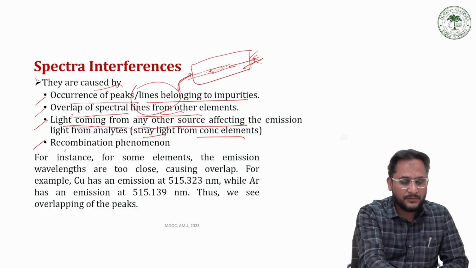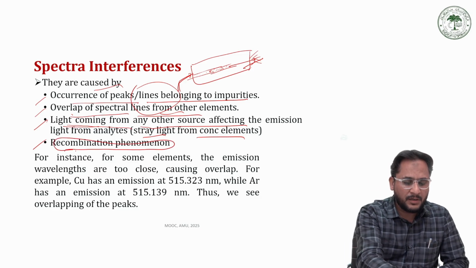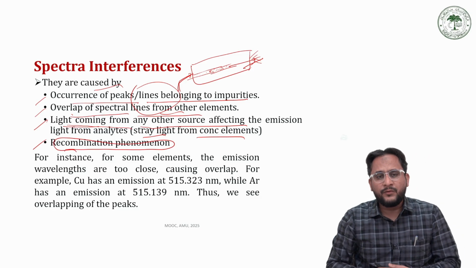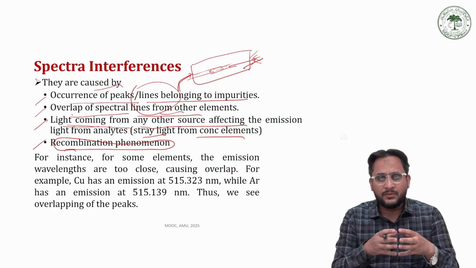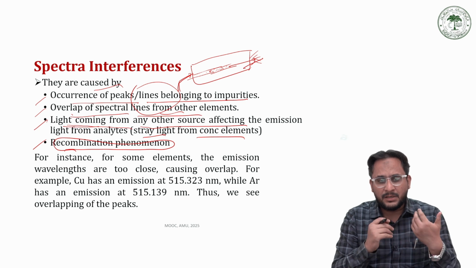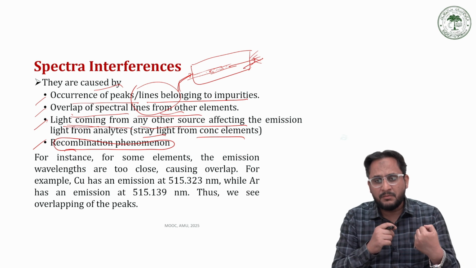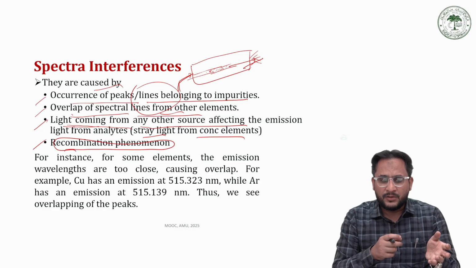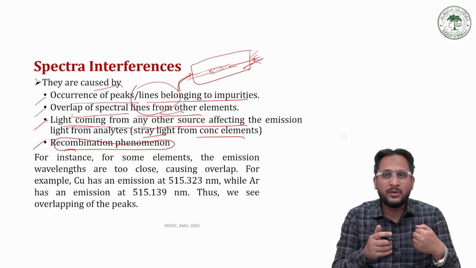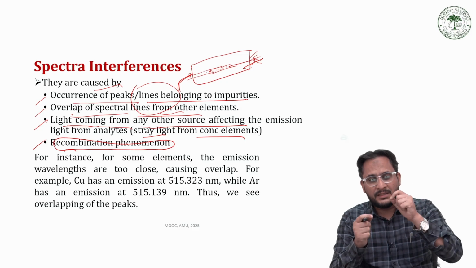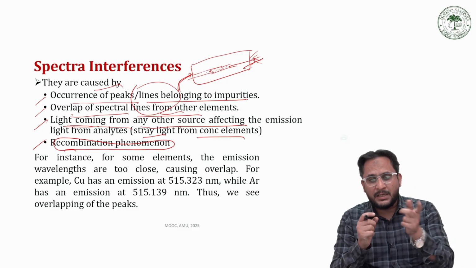And the last one is the recombination phenomena. Recombination means when we are atomizing and exciting the samples, when a molecule is converted into its individual atoms and those atoms are being excited, sometimes there is a possibility that those atoms combine again to form the original molecule, and since it forms a molecule, the characteristic peak of those atoms would be missing.